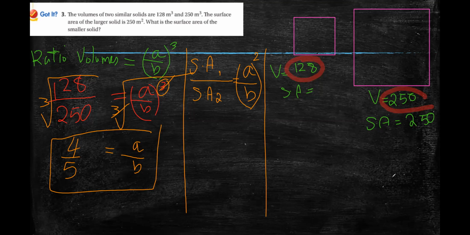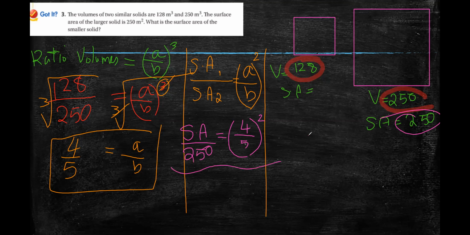So let's square A over B here. I will write the surface area of the first to the surface area of the second. But the surface area of the first is unknown, and the surface area of the second is 250.